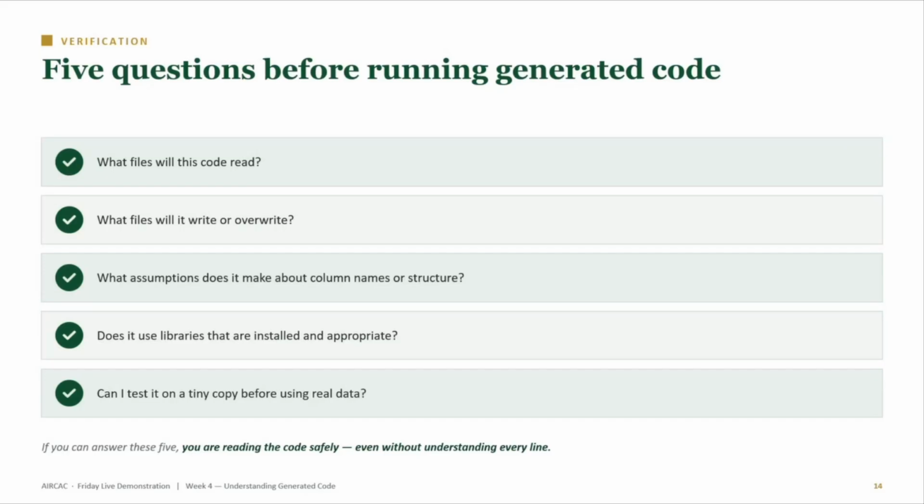What libraries are already installed, and what libraries do they really need to use? There is no problem to import a library, but if you don't use it, you are importing something useless in your code, which takes more space in the executable. Can I test this on a tiny copy before using real data?